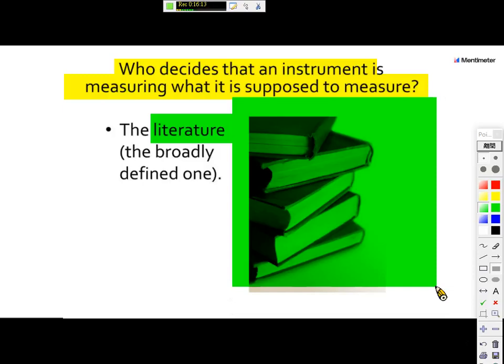For example, when you define the research problem, of course you need to read a lot so that you have sufficient subject knowledge about the issue you want to study, right? It's very important. And when you construct your research instrument, you have to make sure that the research instrument is valid to collect data that you need to answer your research questions.